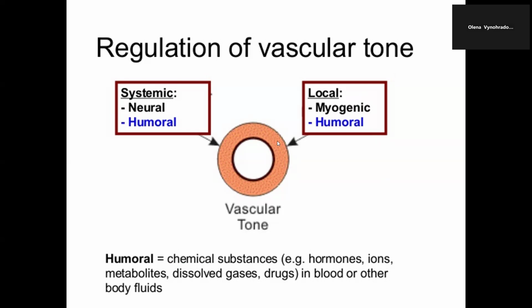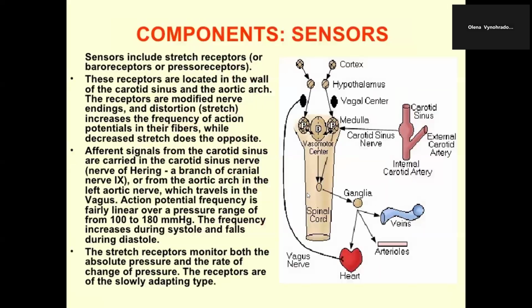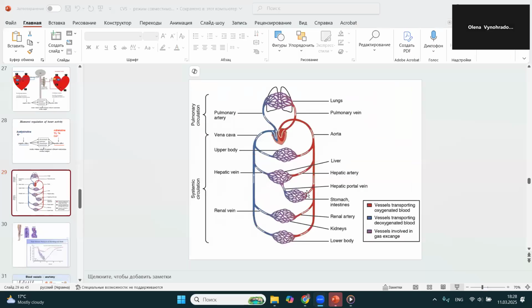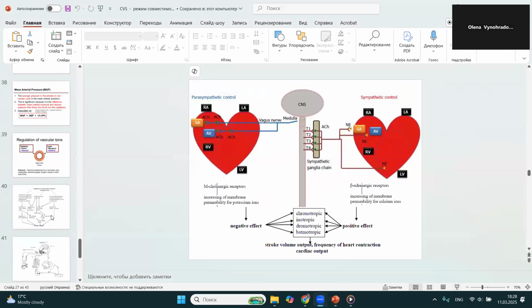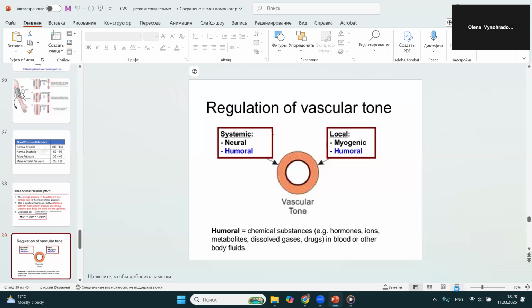Local means by the vessel's wall. Systemic is the influence from the nervous system and the humoral system. I will tell you a few words about local regulation.